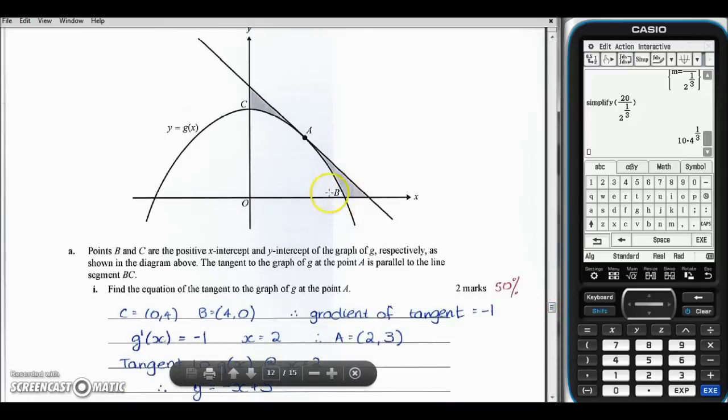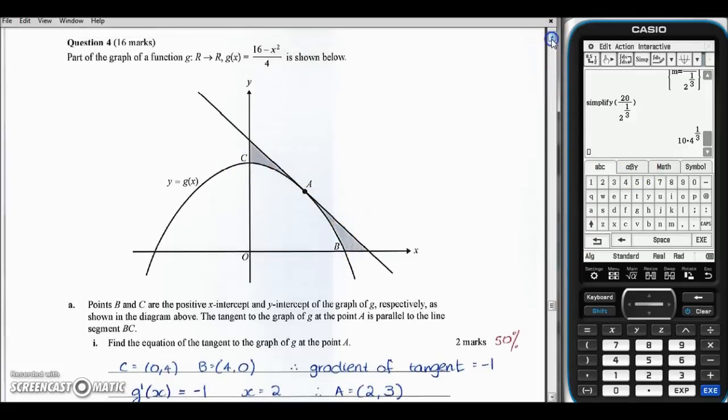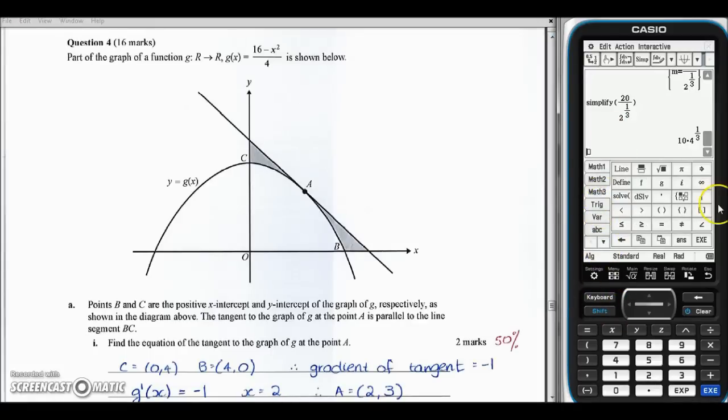And therefore, the gradient of a line between B and C would be -1. Okay, so at that point, I think it's time to define the function. Whether or not you have to define it is really up to you here. I think I would for this question. We're going to use it a fair bit. So g of x equals 16 minus x squared on 4.